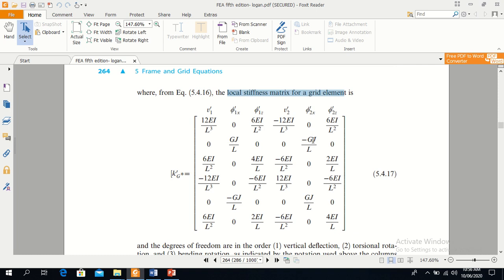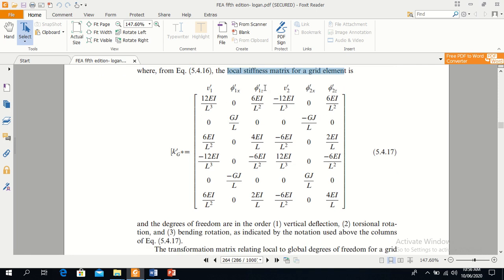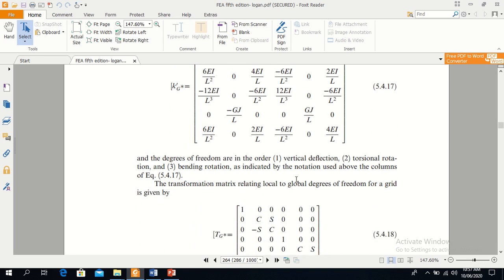There is another term used, that is J, the polar moment of inertia of the element, and G is the shear modulus. We will calculate these terms beforehand before starting the problem and put them into this equation to find K dash. K dash stands for the local stiffness matrix.